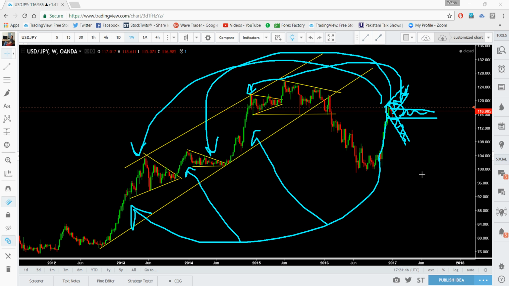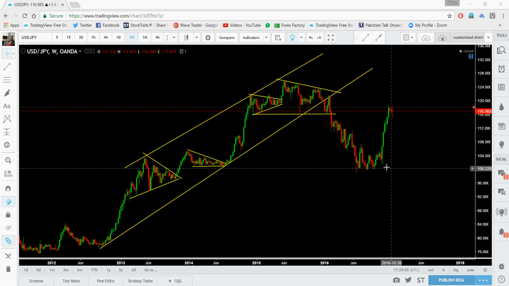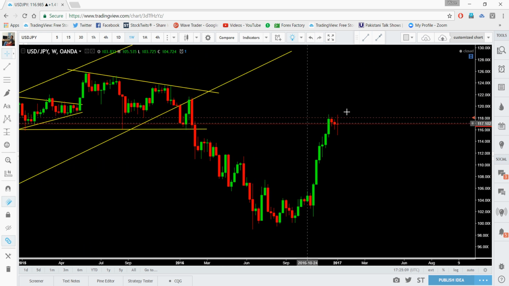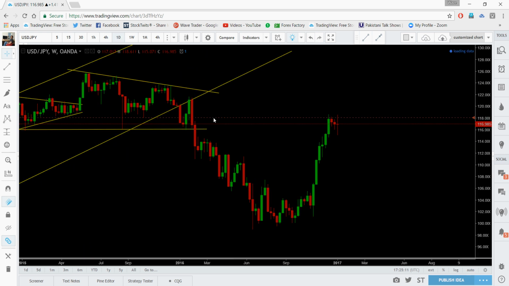So these are the patterns, and if price started to form a flag, then obviously your ratio is going to be different. It can retest your 50, 40, 60, 78. It is going to be different as long as price remains within the flag or flat channel. You can trade on your lower time frame.